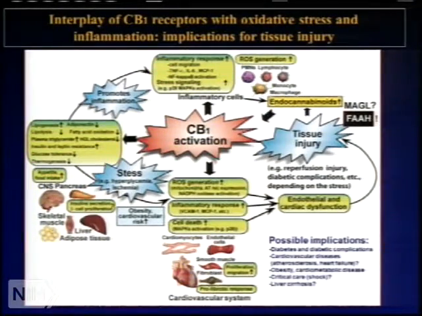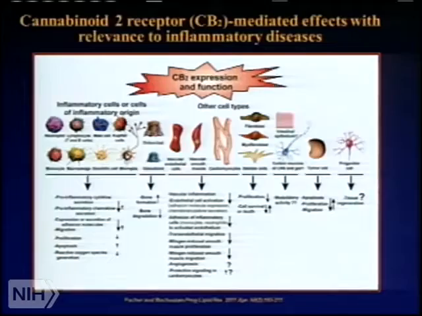CB1 activation in macrophages can induce ROS production and stimulation of pro-inflammatory mediators like TNF-alpha release through MAP kinases. And also CB1 receptor activation in vascular smooth muscle can lead to upregulation of angiotensin II receptor signaling, which through NADPH oxidase is also a significant source of reactive oxygen species.